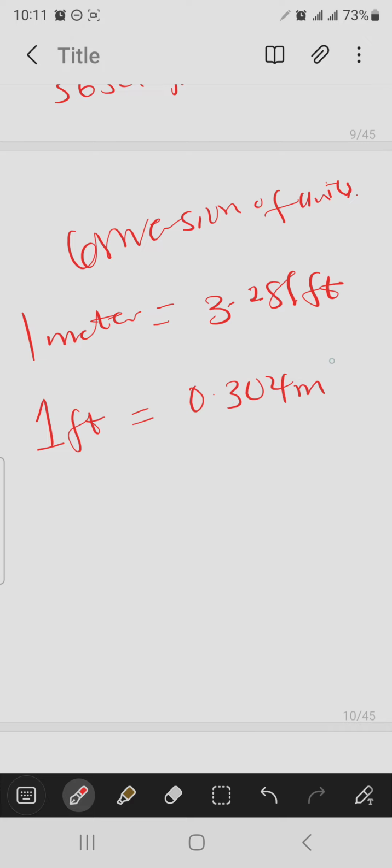You don't need to memorize both of these. Memorize just one: 1 meter equals to 3.281 feet.